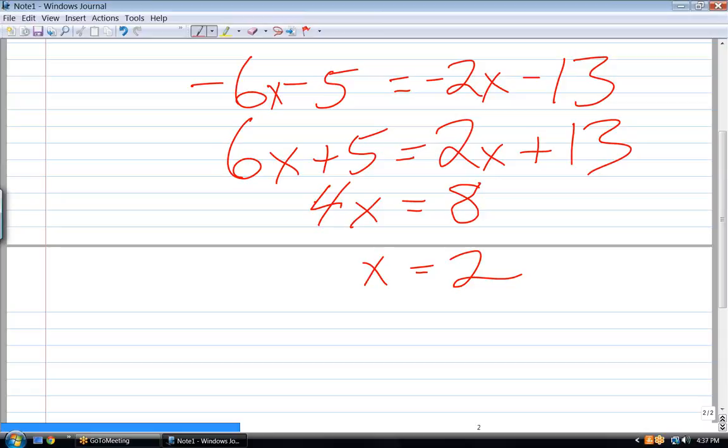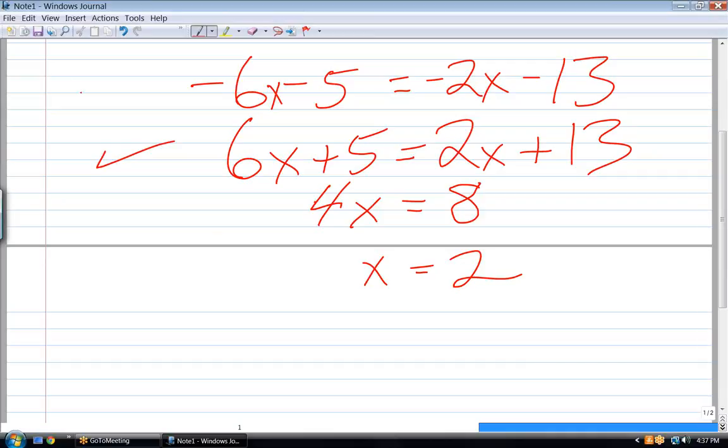Oh, whoops, I accidentally did plus. Okay, my bad. One of the reasons I did this first step was to make sure I didn't make mistakes mathematically. Because it's a lot easier to make mistakes if you're working with negative numbers than it is when you're working with positive numbers. Yeah.